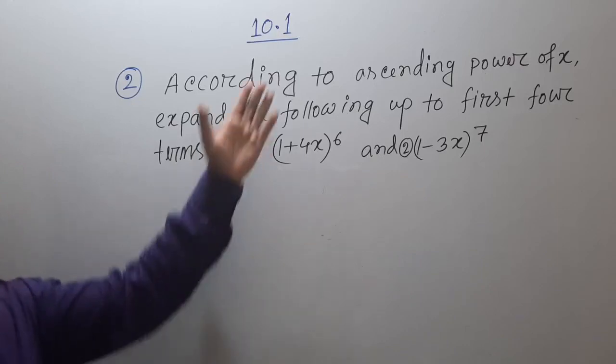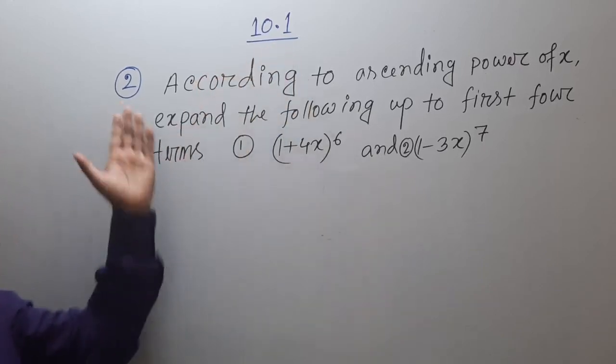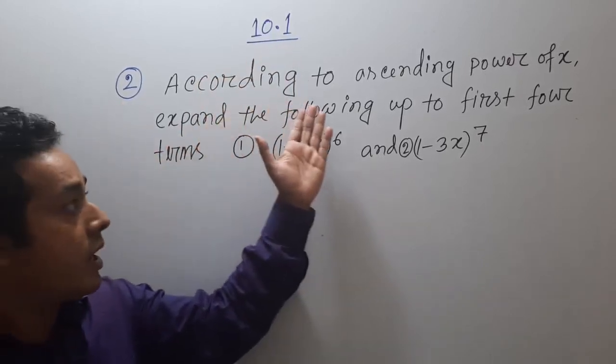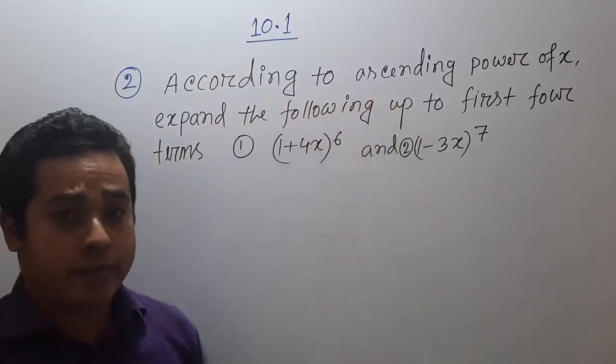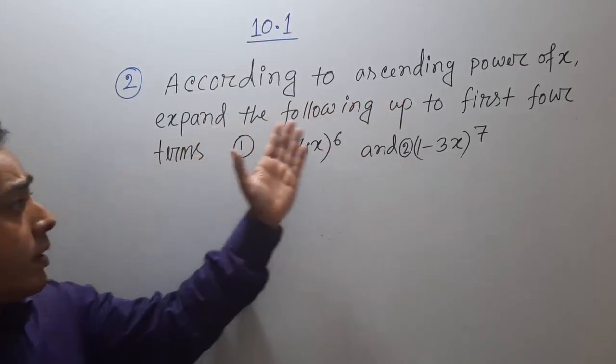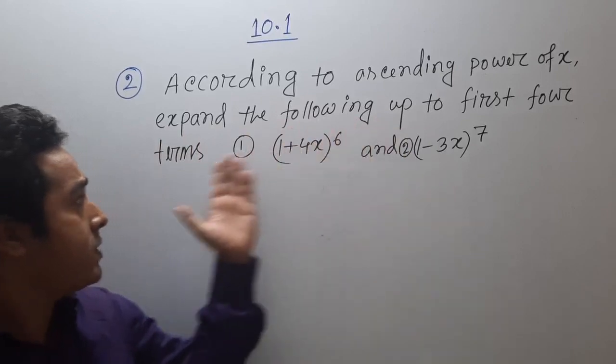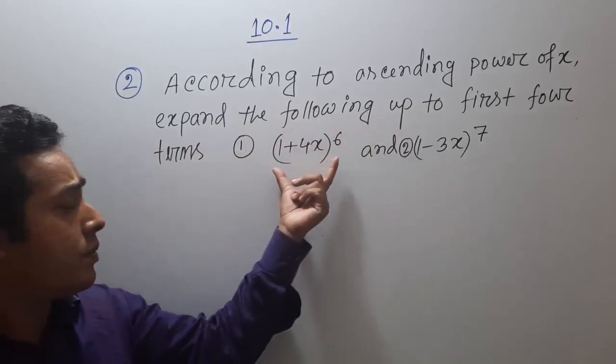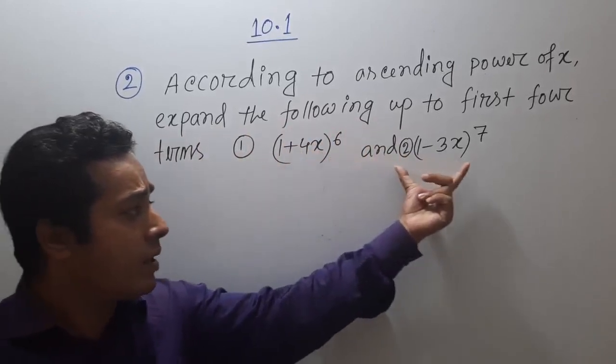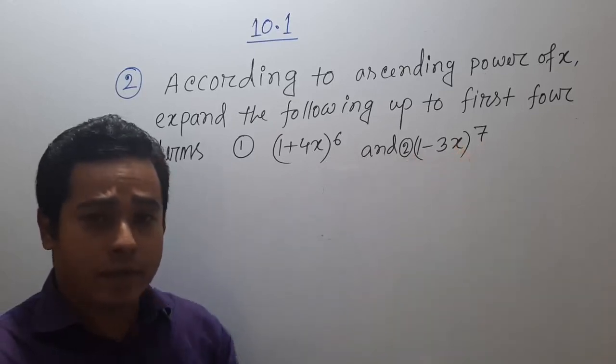Okay, dear students, from exercise 10.1 question number 2: according to the ascending power of x, expand the following up to the first 4 terms: (1 plus 4x) to the power 6 and (1 minus 3x) to the power 7.